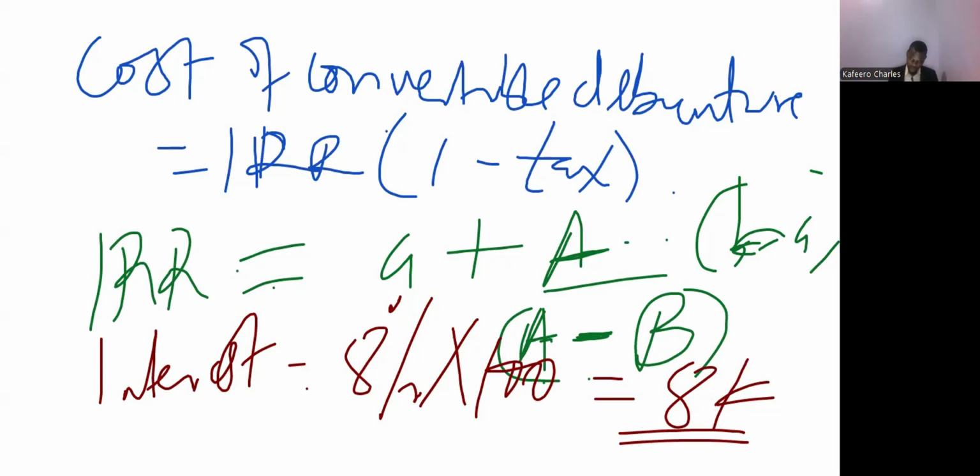So since it is giving us 8 shillings, then we can use the other method. We can get the net interest, or we can take it the other way. Let me take it and we compute. Of course, these are years.